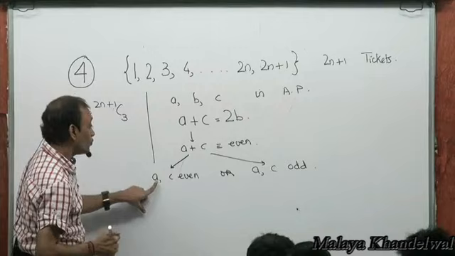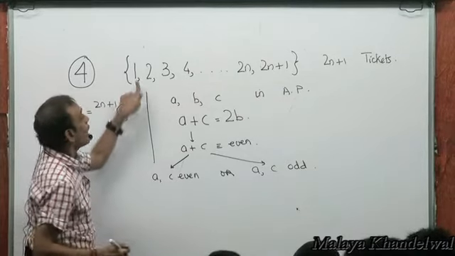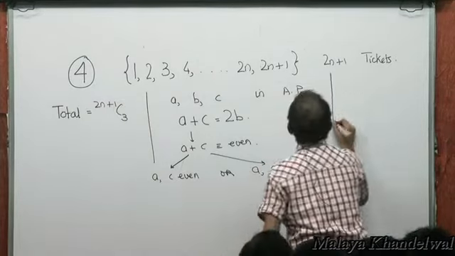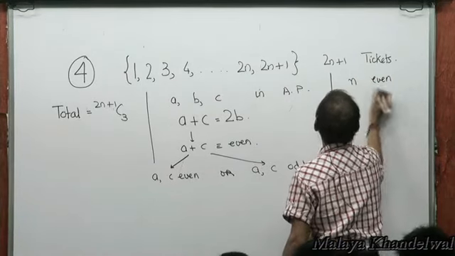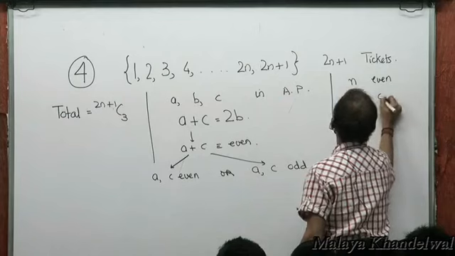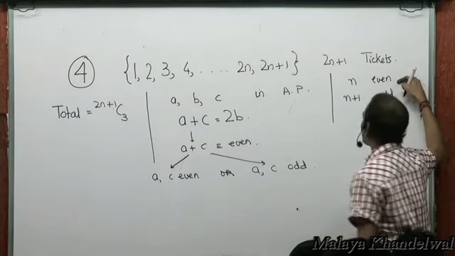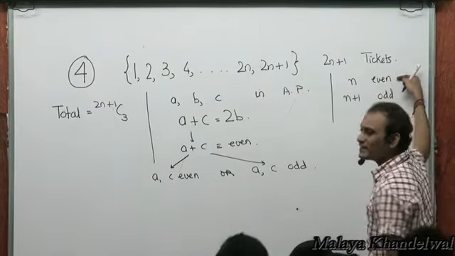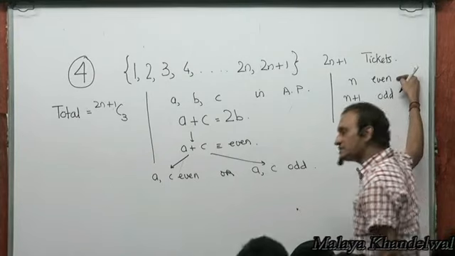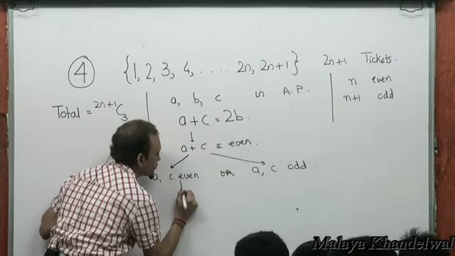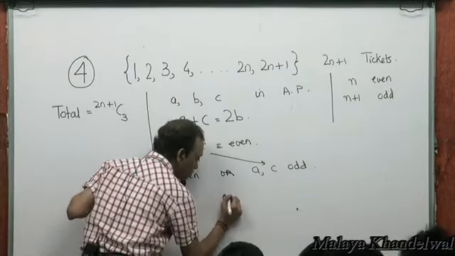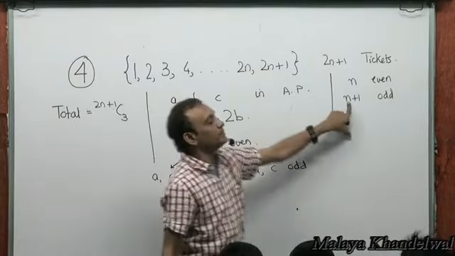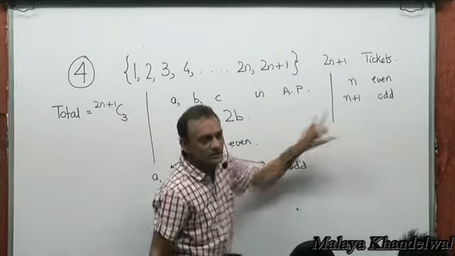How many even numbers are there in the set? N even numbers. How many odd numbers? N plus 1 odd. 2 even numbers could be selected in NC2 ways, or 2 odd numbers can be selected in N plus 1 C2 ways.